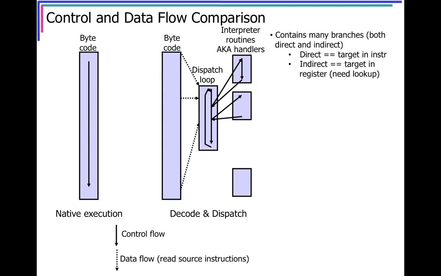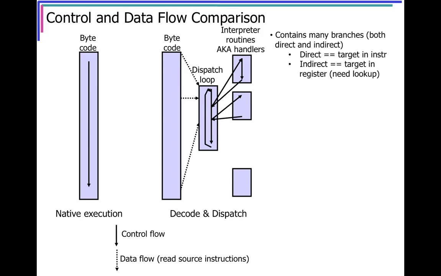If you are executing it with interpretation, a decode and dispatch loop, the bytecode now sits in memory and is just like a big array of data. And so the dispatch loop is going to read from that piece of memory, that piece of data, and get the next instruction. It's then going to decode that instruction and figure out what handler to jump to, and then it's going to invoke a handler for that opcode. If you notice this process, not only do we have the branches that may occur naturally in the bytecode, but we have a ton more branches that are going to be occurring because of the dispatch and decode loop.